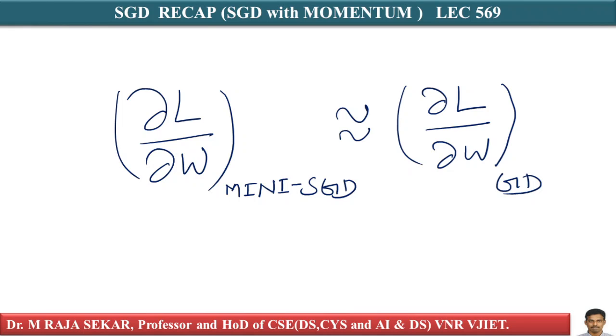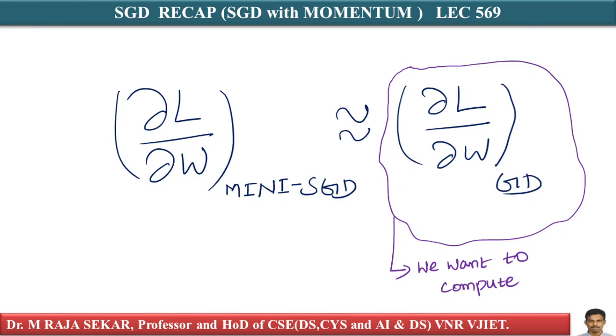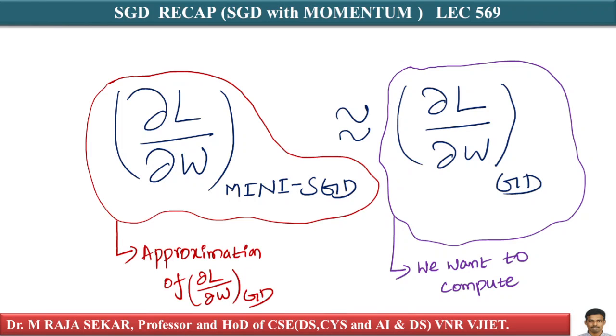This is not exactly equal to the gradient descent derivative, dL/dW computed with gradient descent, isn't it? This one, actually, we would like to calculate: dL/dW with gradient descent. We want to compute it. As it takes a lot of time, we are computing dL/dW with mini batch SGD.